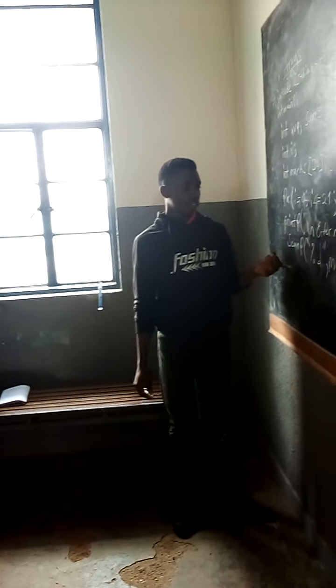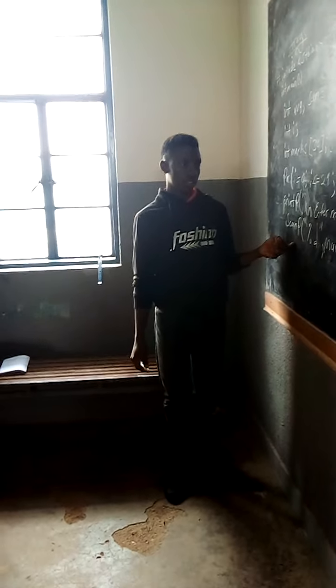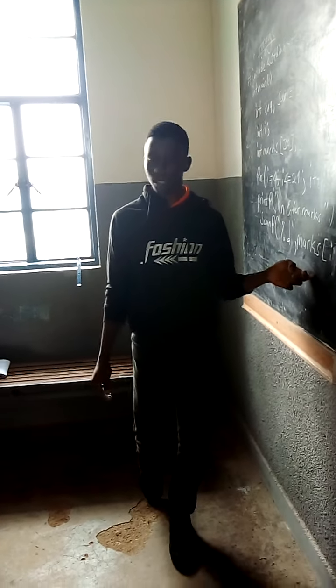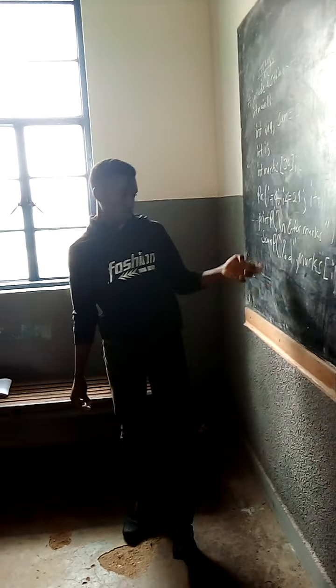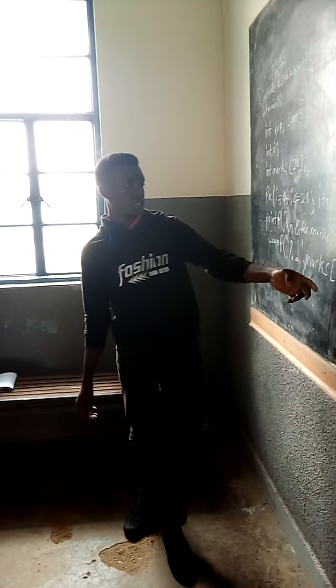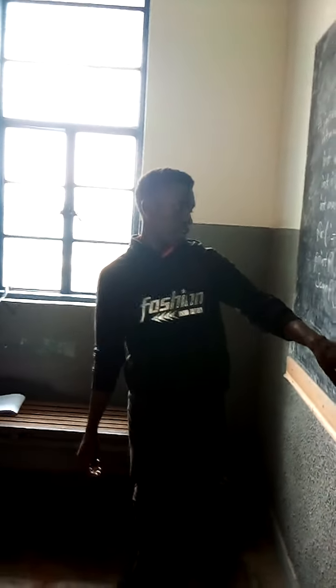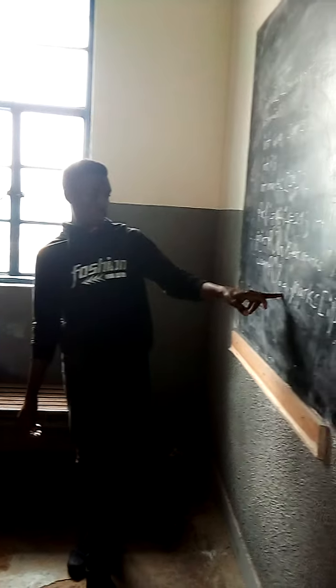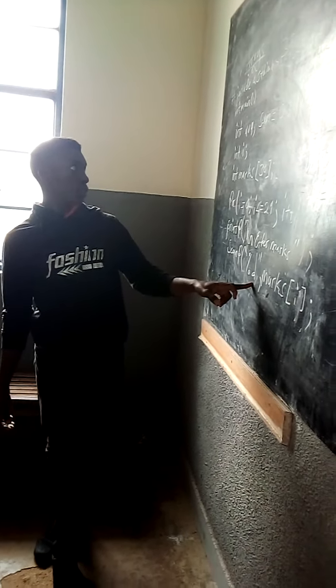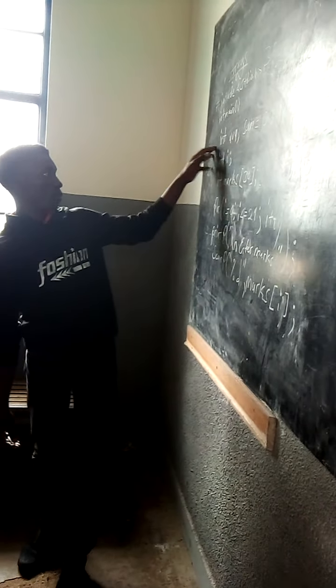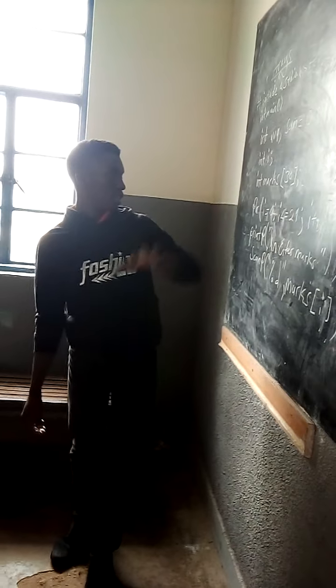Then what I've done here is storing the data. We are storing our data, which is max, for i. Then we are using %d because it is for an integer.